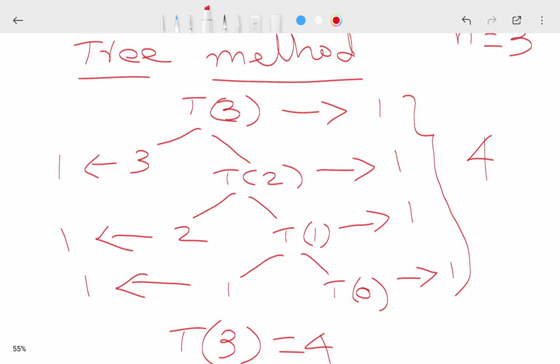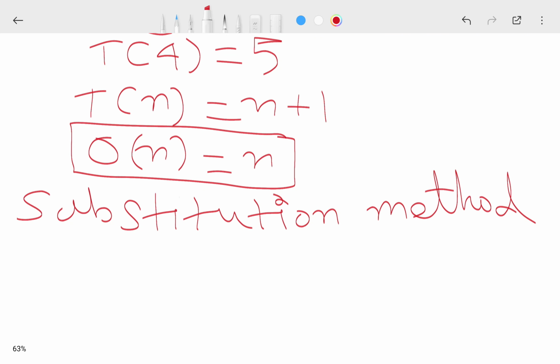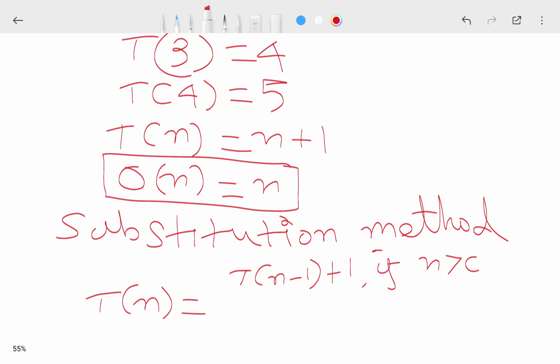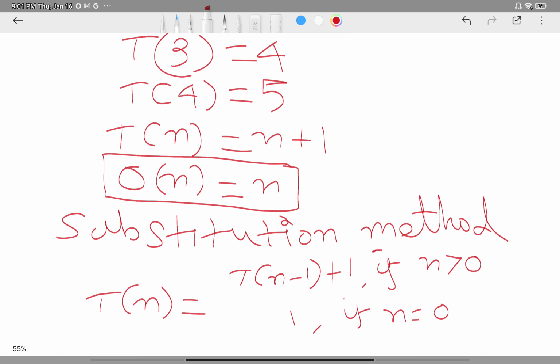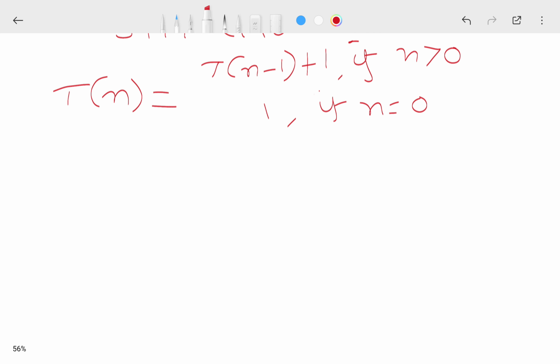Now, how can this recursive relation be solved by using the substitution method? The actual recursive relation is T of n equals T of n minus 1 plus 1 if n is greater than 0, and 1 if n equals 0.